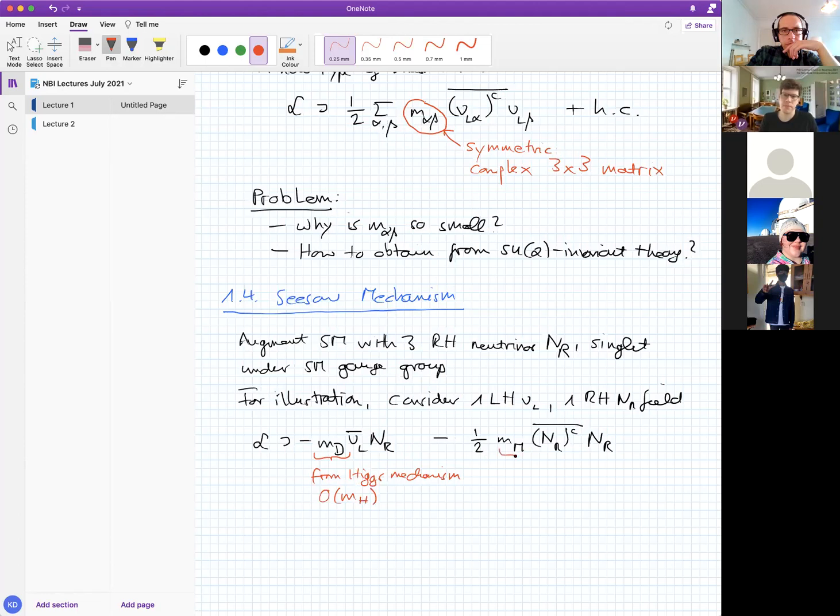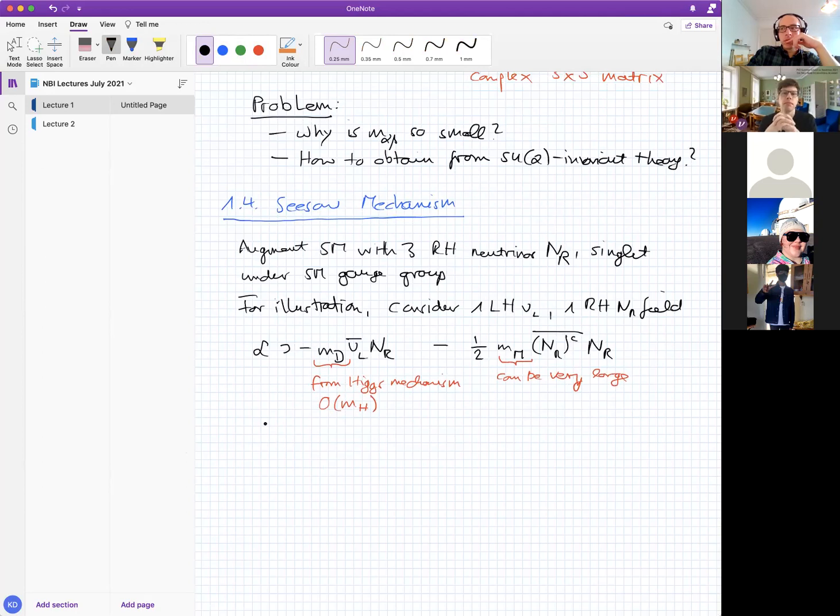The Majorana mass here, well, it can be anything. It's a number we put into the Lagrangian. It doesn't need to come from any Higgs mechanism, so it can be anywhere. So we could imagine that it comes from some physics happening at grand unification or so. So we will assume that this can be very large. And by very large, I mean, for instance, of order 10^14 giga-electron volts or so. So the first one here is the Dirac mass. The second one here is the Majorana mass.